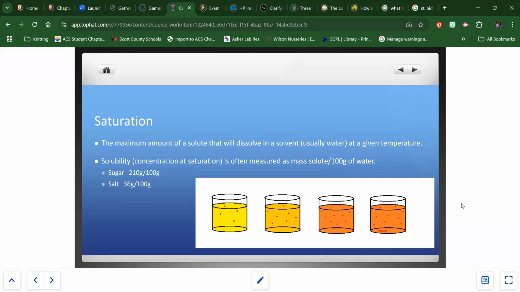So when we have saturation, we can talk about the solubility, and that is how much you can dissolve when it is saturated. So you can see that for sugar, the solubility at room temperature is 210 grams per 100 grams of water. So you can get twice as many grams of sugar as you can of water, and it still dissolves.